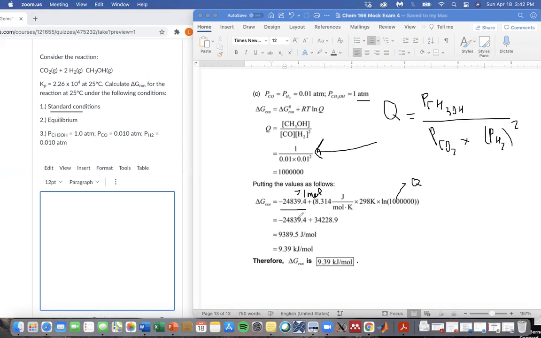And so you would do your delta G standard plus this new RT ln Q value, and you would end up getting 9,389.5 joules per mole, which is just 9.39 kilojoules per mole. Does that make sense? Are there any questions about this one?